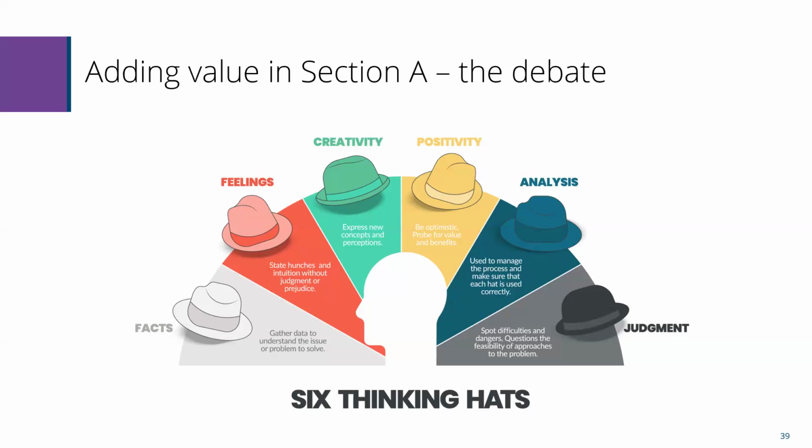So again, maybe working with students with de Bono's thinking hats, so what are the facts? What feelings do these facts generate? Do you have that kind of intuition, judgment, prejudices? What might be there? You might ask them to express creative ideas, concepts, perceptions.